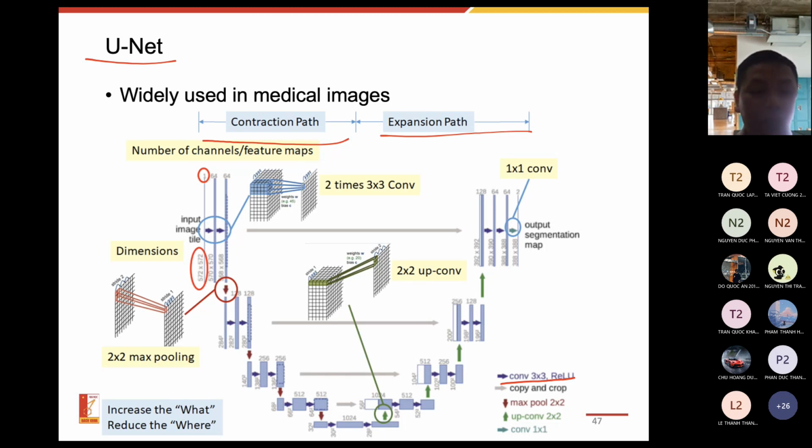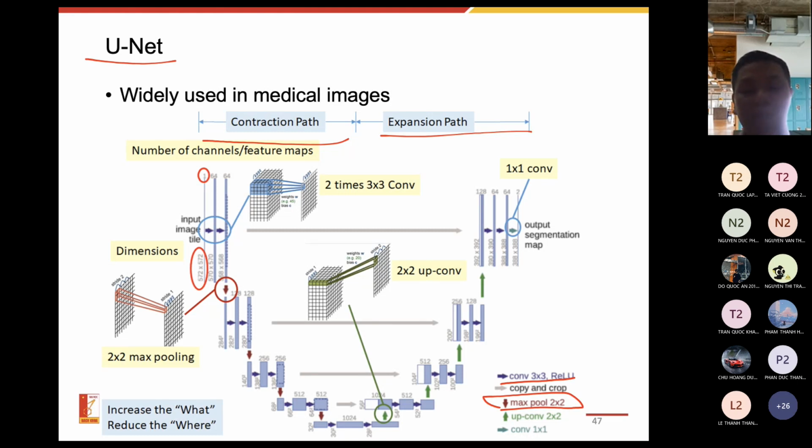And then you downsample the output again by using the max pooling 2x2, right? And then again you have another convolution 3x3, the ReLU, right? And then you max pool again, right?